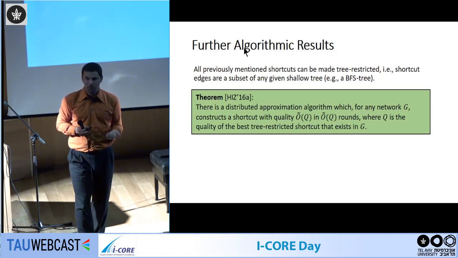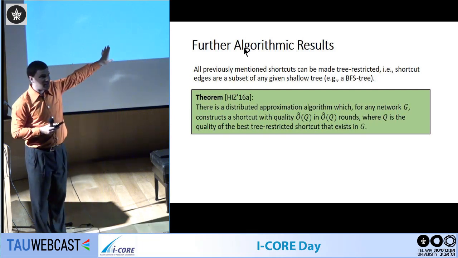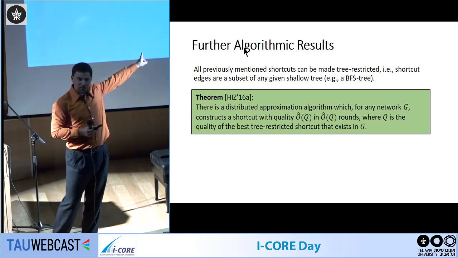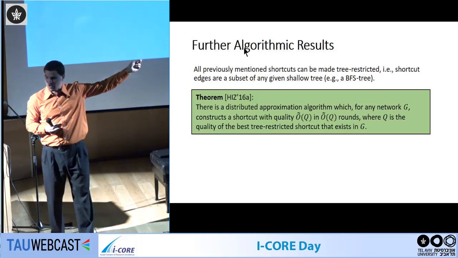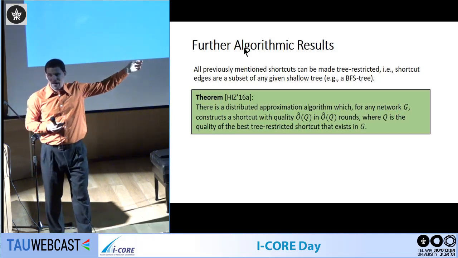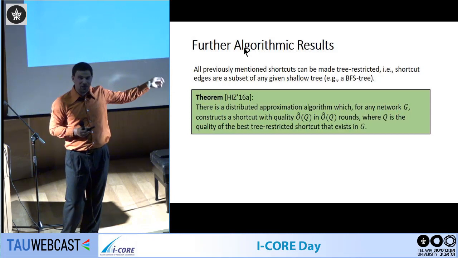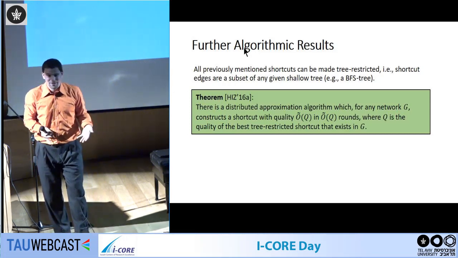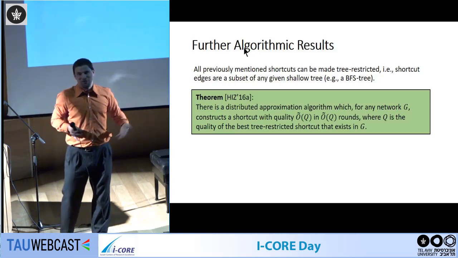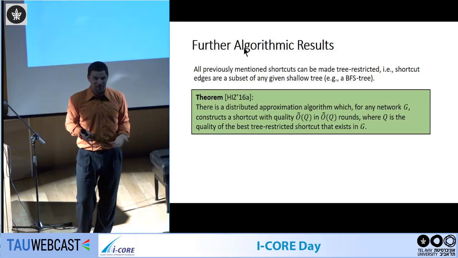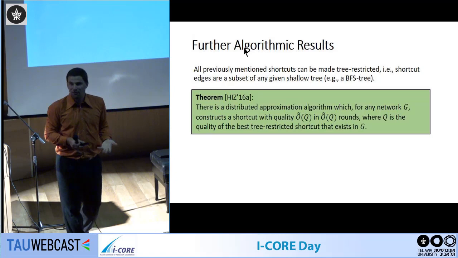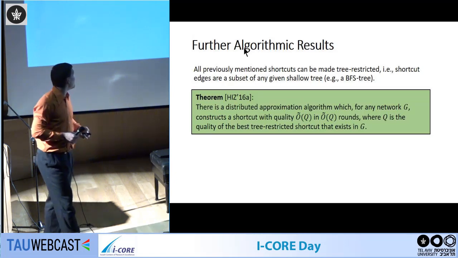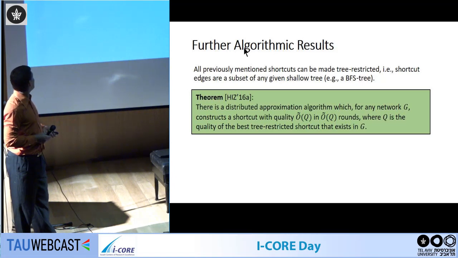So you can really run this. You don't need to know the structure. You don't need to know why it's a good network. You're just going to run this algorithm, and it's going to find you the best shortcut. Then you're going to have an algorithm that runs as fast as is possible for the given topology. You don't even know why it's running fast, mathematically speaking, what's the property that makes it run fast. But it will run as fast as possible for this topology. So that's a very cute result.